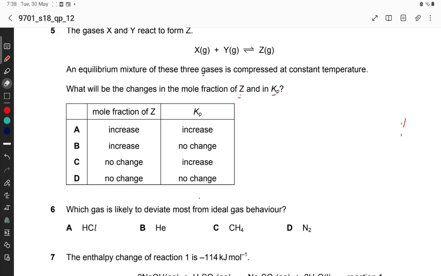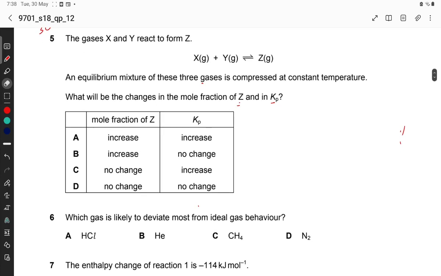So question number 5 of 2018 May-June paper 1-2. The gases X and Y react to form Z. 1 mole of X plus 1 mole of Y to form 1 mole of Z. This is the equilibrium reaction. This is a reversible reaction.